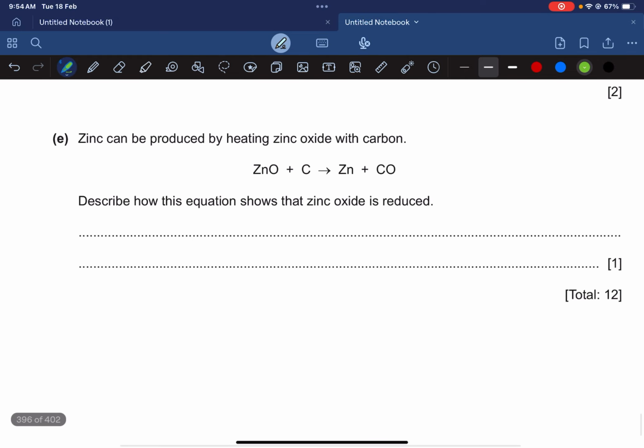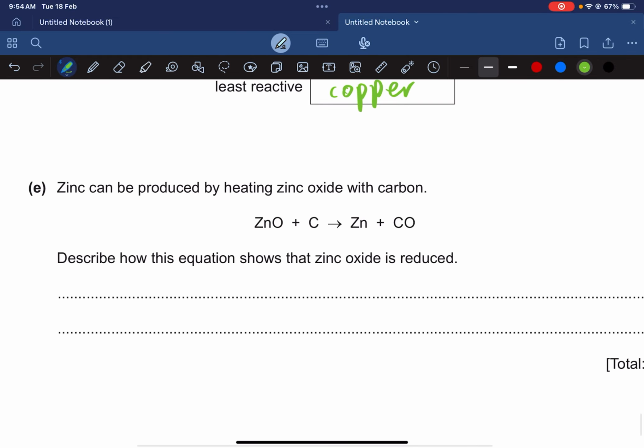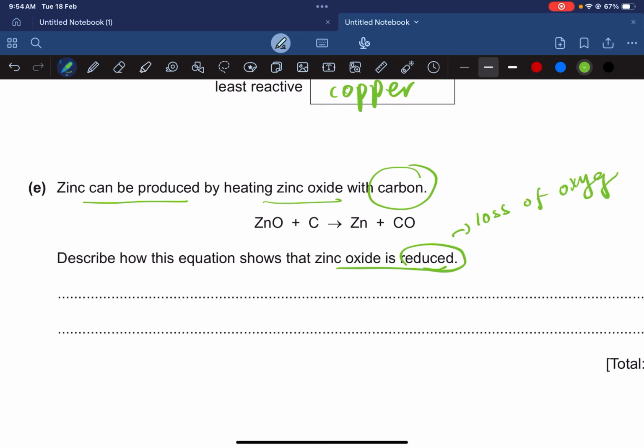So the next question basically says that zinc can be produced by heating zinc oxide with carbon. Okay, describe how this equation shows that zinc oxide is reduced. Reduction is basically the loss of oxygen. Okay, over here we see that zinc oxide had oxygen. This is zinc, this is oxygen. But then zinc lost its oxygen and it only became zinc.